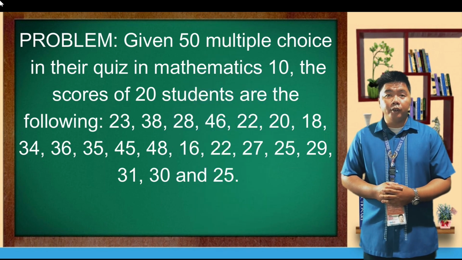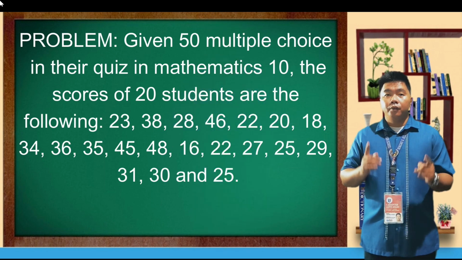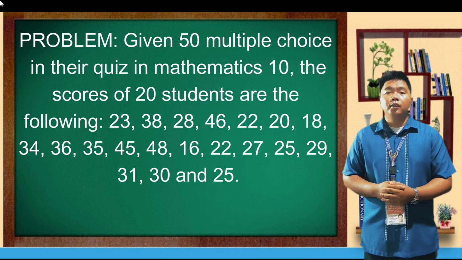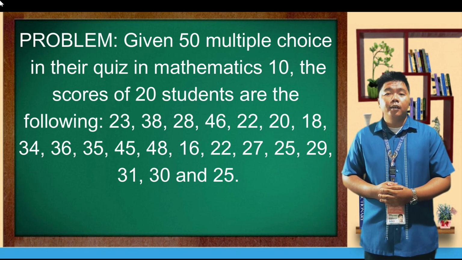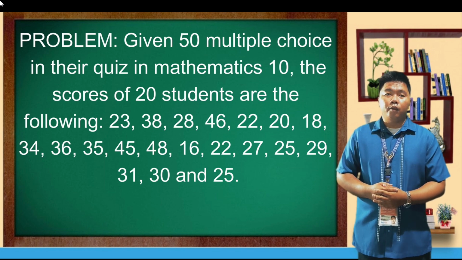Okay, learners, so for your task, you need to answer the first quartile and third quartile only. I will be giving you 5 minutes to answer the given set of problems.